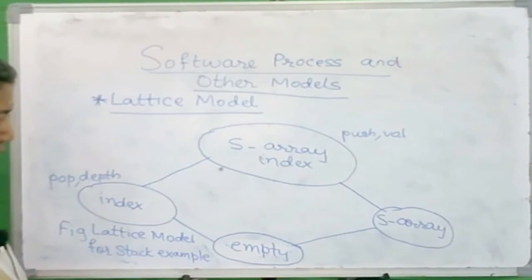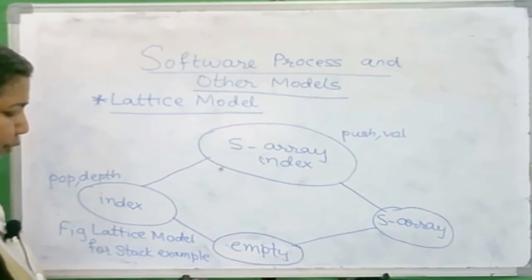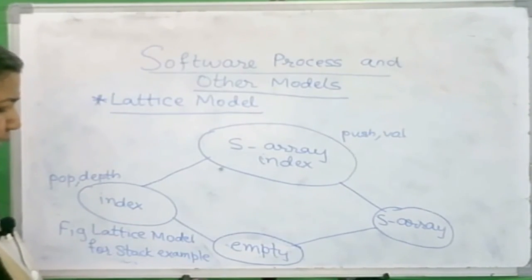Now if we look at the coding, it is int push(int item). If stack index is equal to max, then return error. Otherwise, stack index is to be incremented with the item, and return 0. So using this code we can draw the lattice model.